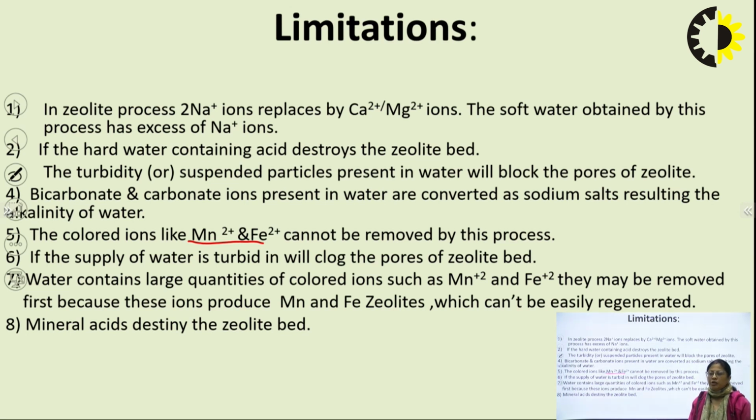That means the regeneration of the zeolite bed becomes very difficult. Then, if bicarbonate and carbonate ions are present in water, they are converted into sodium salts, resulting in the alkalinity of water. Another drawback is that anions are not removed.